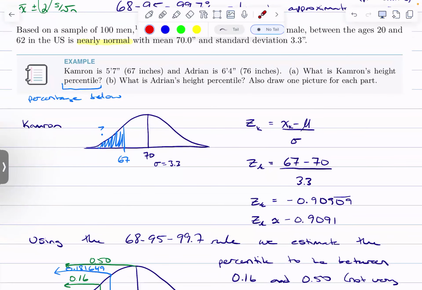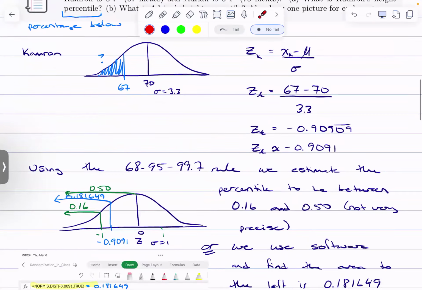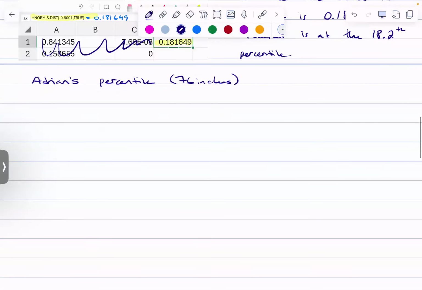So let's do Adrian. Adrian is 76 inches. Adrian's percentile at 76 inches. They're being pulled from the same distribution, a normal distribution of heights centered on 70 with a standard deviation of 3.3 inches.